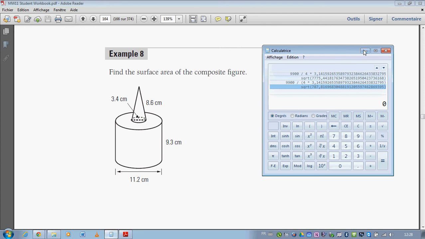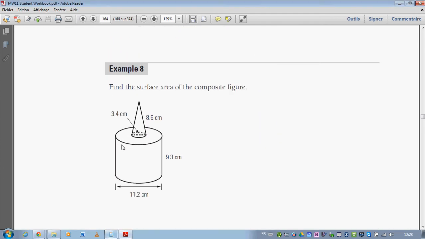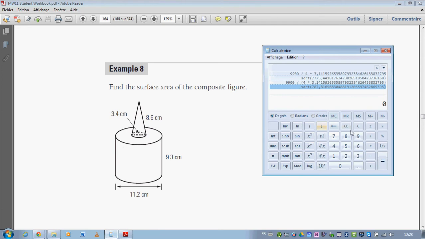Okay, so to do this, what I'm going to do is I'm just going to figure out the surface area of this top circle first. So the circle has a diameter of 11.2, which means that its radius is 11.2 divided by 2. So here's the radius of the circle, 5.6. I'm going to jot that down. So 5.6 is the radius of my circle.